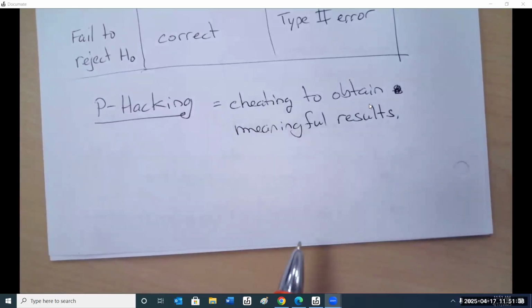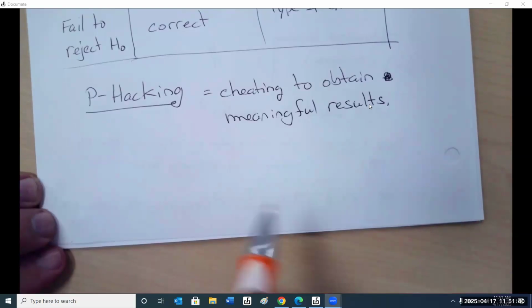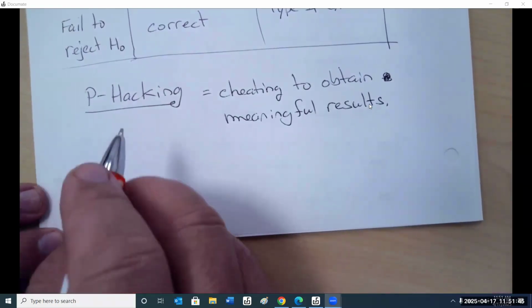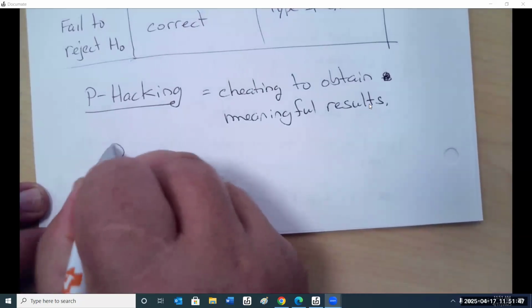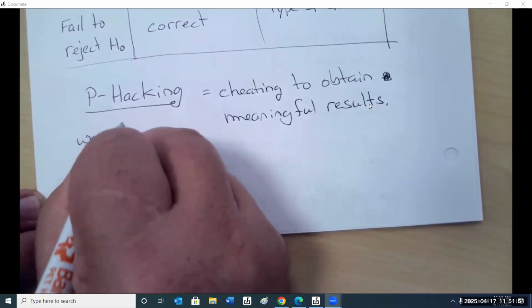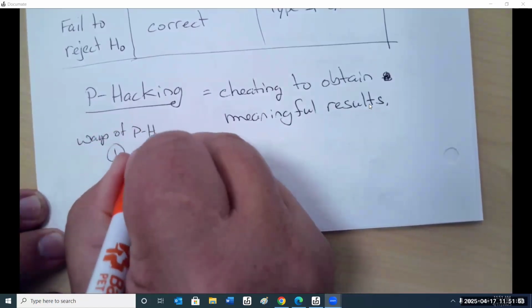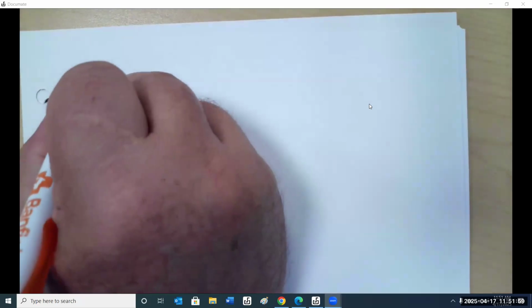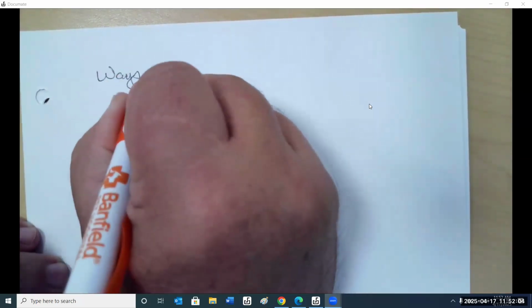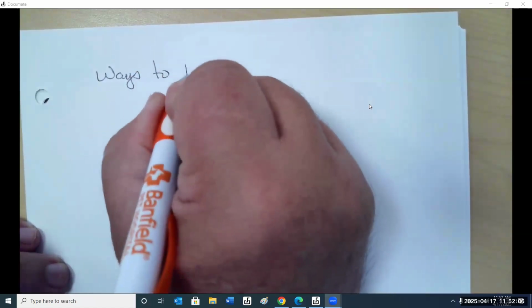So p-hacking is a very, very, very serious offense. What are ways of doing it? Now, let me go to the next page. Because this is going to be a lot of writing. Ways to p-hack.